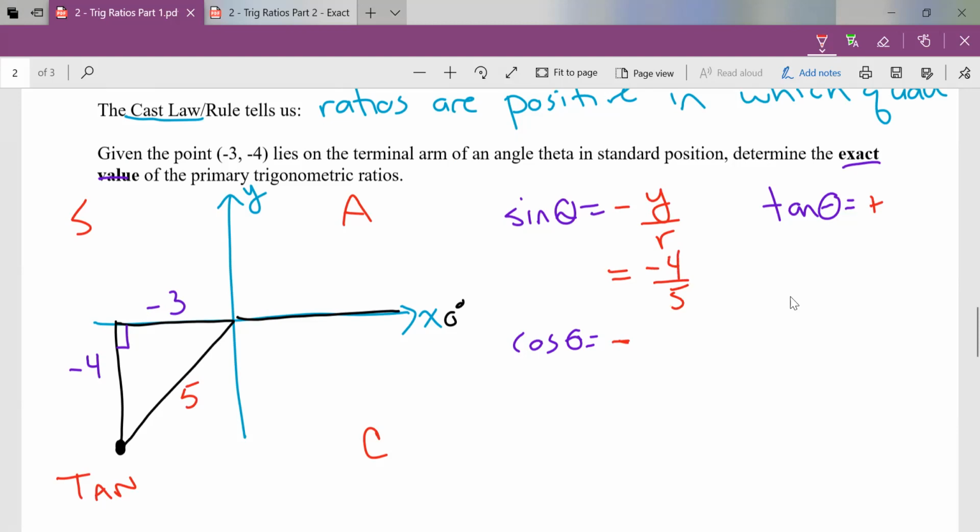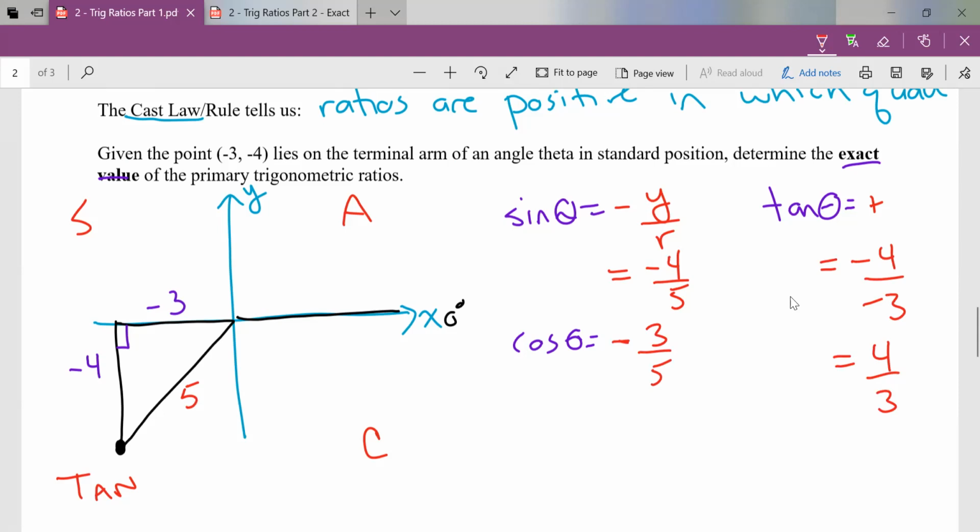So when you see a negative, don't freak out. It's telling you the direction or where we're drawing our triangle. Cosine is -3/5. And tangent, opposite over adjacent, well, it's -4 over -3, and 2 negatives make a positive.